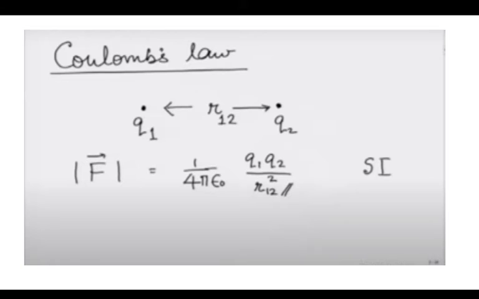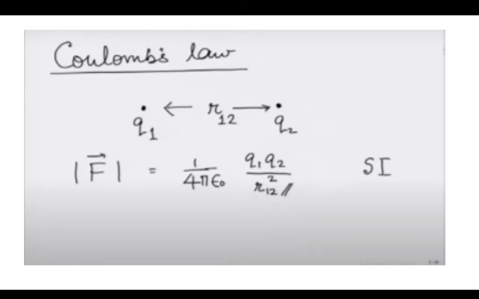From this you can understand the meaning of epsilon naught: it is the permittivity of vacuum. From this relation we can also understand that if the distance between the two charges is increased, then the force is reduced by a factor of 4.